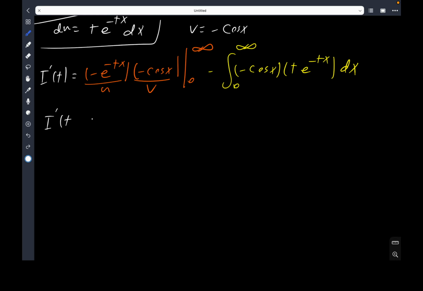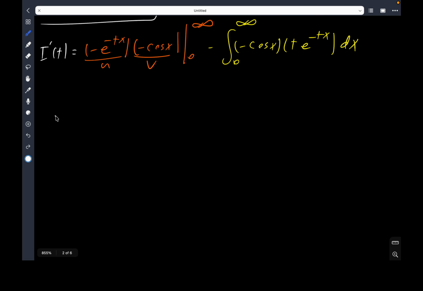So first of all, let's evaluate this limit here. Negative e to the negative tx times negative cosine x, so these negatives cancel out. I'm going to be left with e to the negative tx cosine x from 0 to infinity.